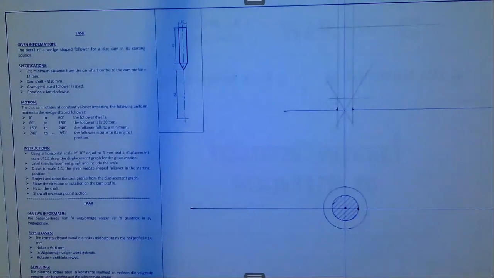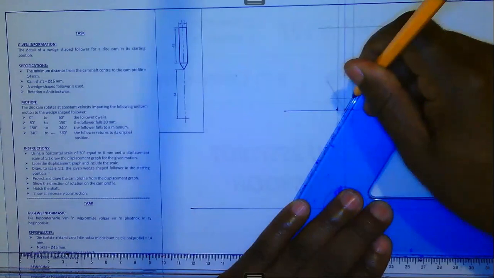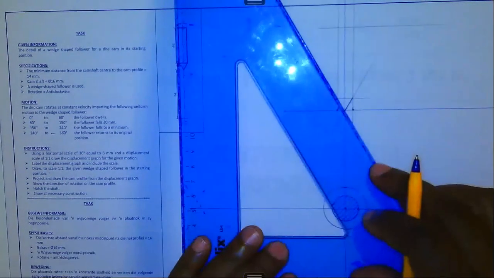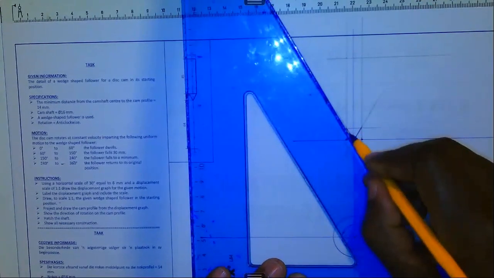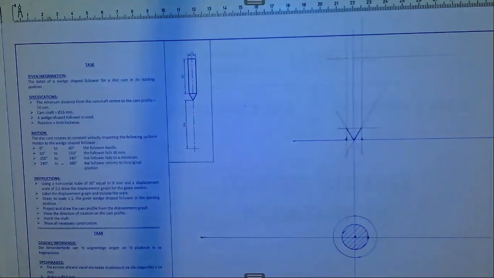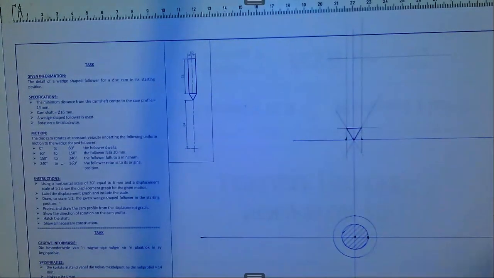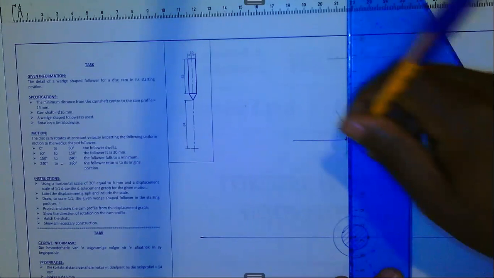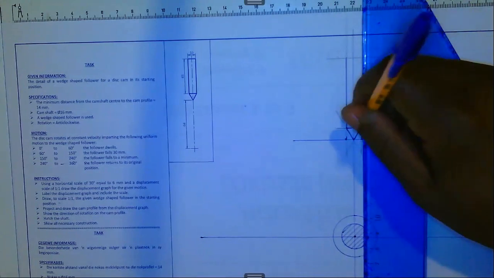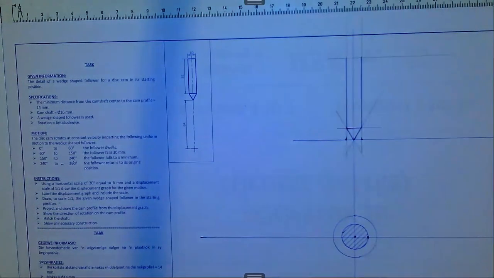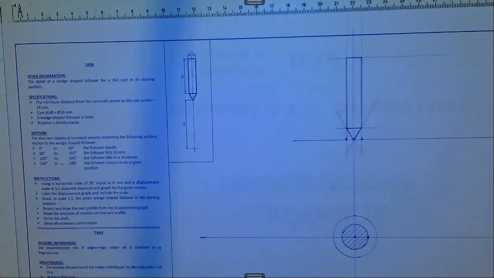Once you've done that, you can even outline the follower. So that is the follower in position.